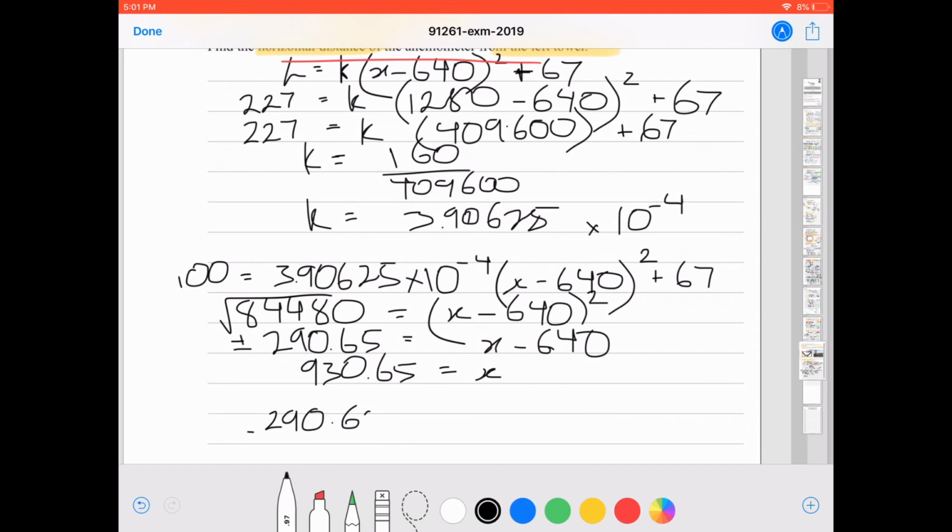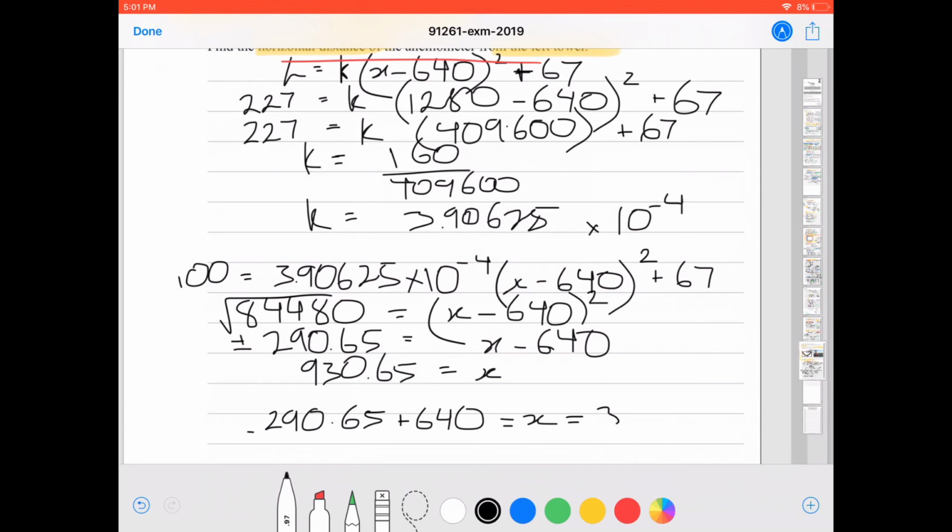That'll give us another value for x. Minus 290.65 plus 640 equals 349.35. Okay. So these are our two values for x, 930 and 349. We can only have one value for x, obviously.